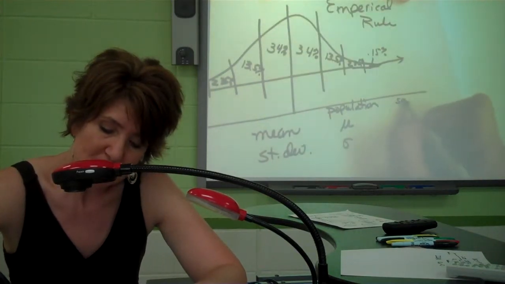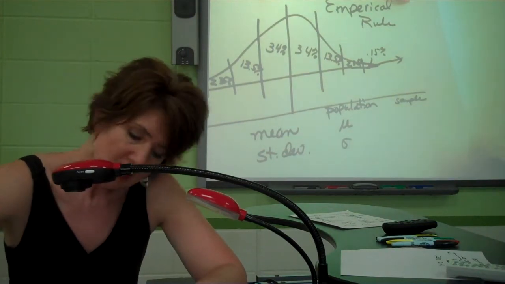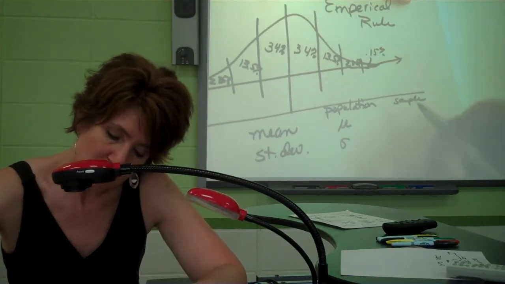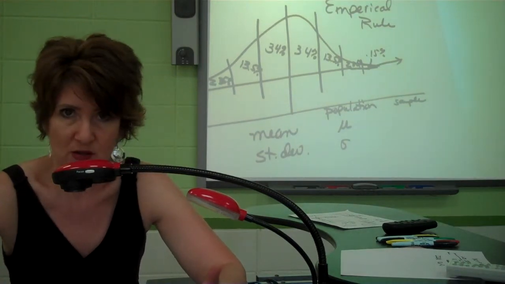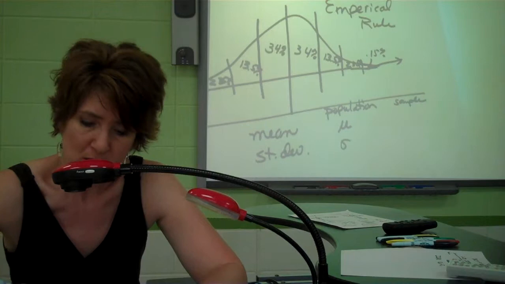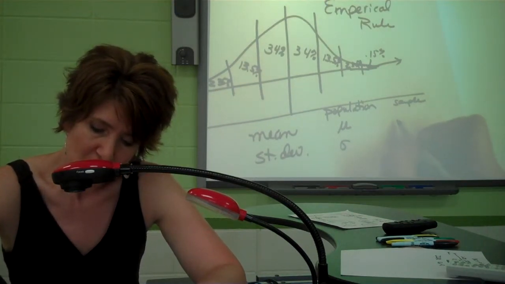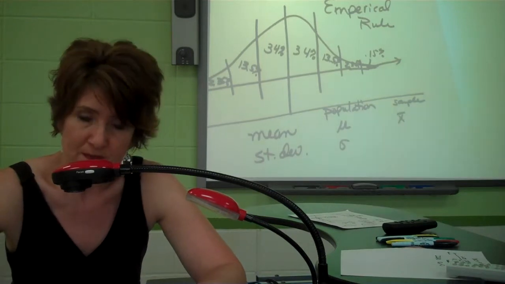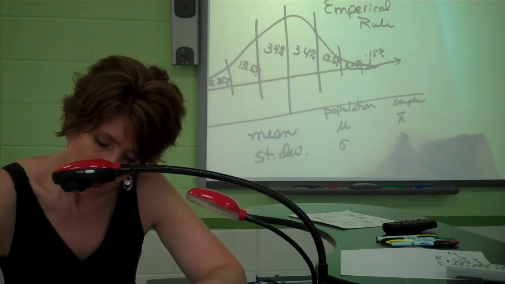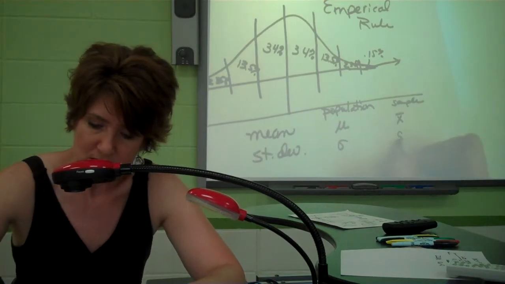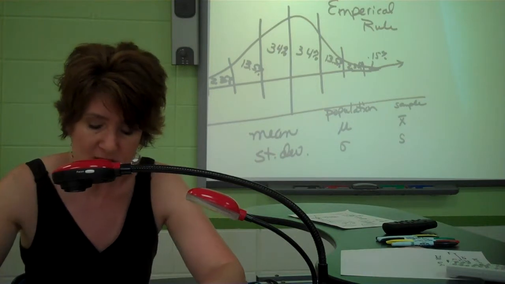If instead we have taken this from a sample, then it is known not in Greek letters, it's known in the Roman letters, which is our current alphabet. And so we are going to use the mean as x bar. Don't ask me why. And we're going to use s for the standard deviation in a sample, and that seems to make a little more sense.